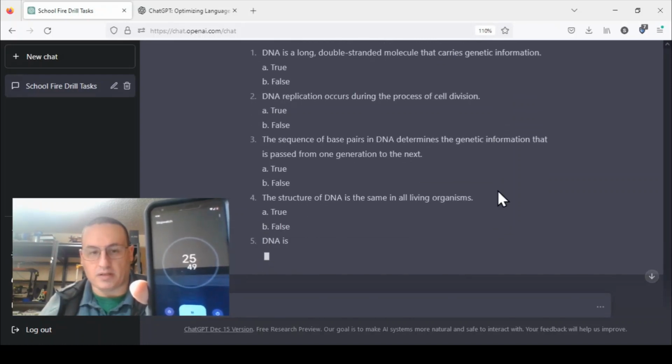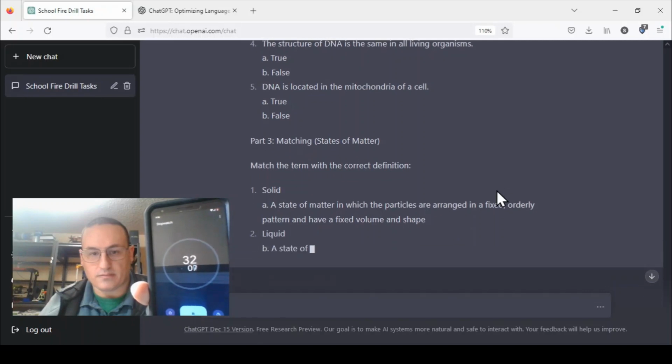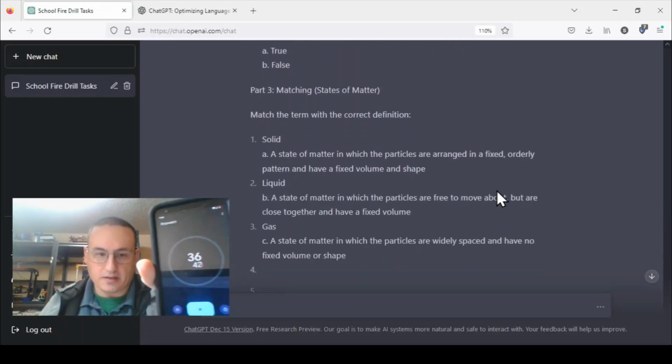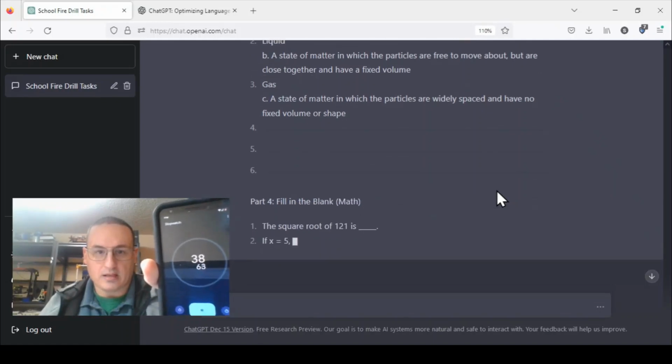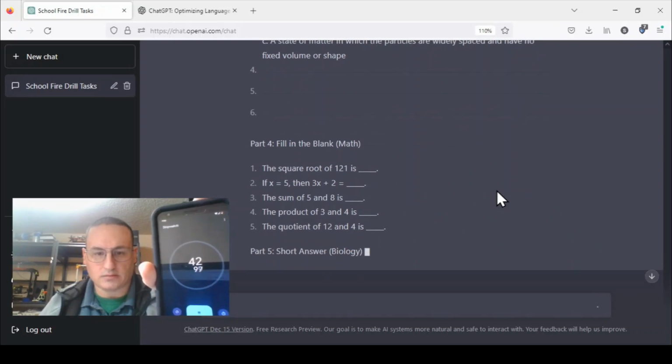So it does divide them into sections. 35 seconds. There's an error right there.